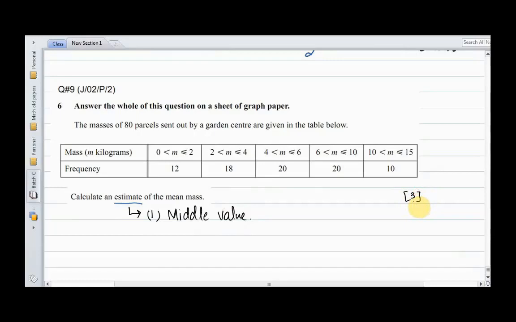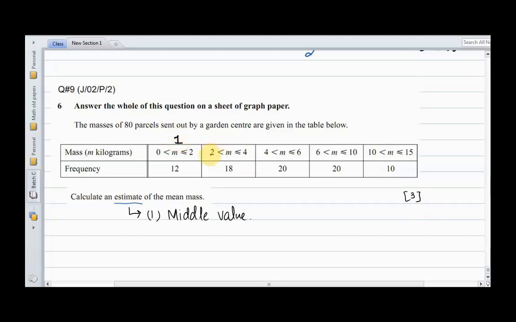So first step, you need to find the middle value of all the intervals mentioned here, starting with the first one. From 0 to 2, the middle value you can find by the calculation 0 plus 2 divided by 2. So it will be 2/2, that is 1.